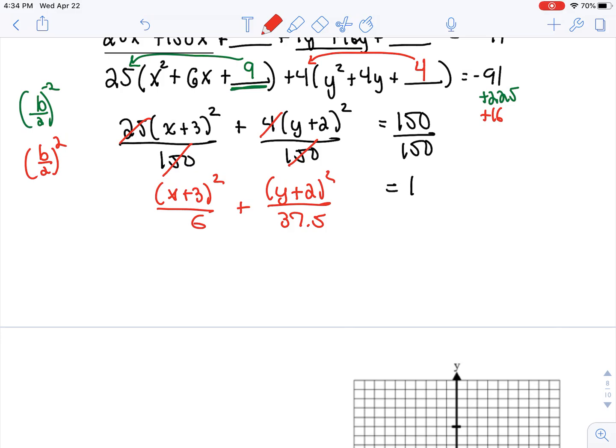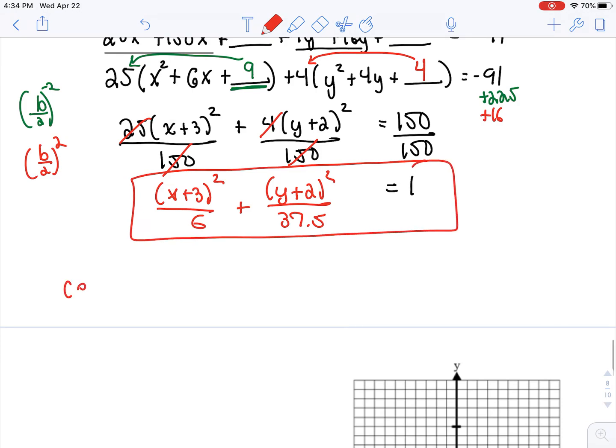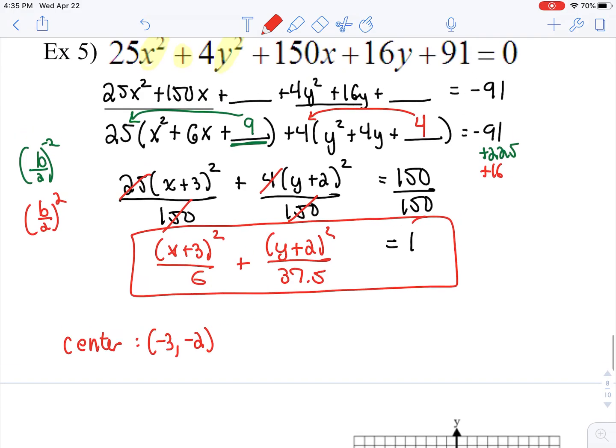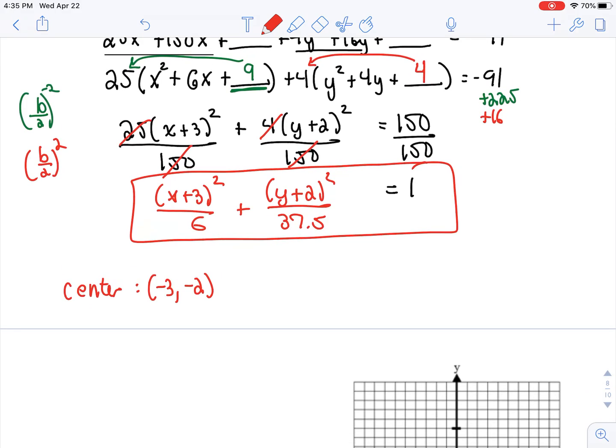So as we look at this equation here, one thing that you do want to be looking for is your center point. My center point is going to be at negative 3, negative 2, based on the values that are being subtracted from x and subtracted from y.